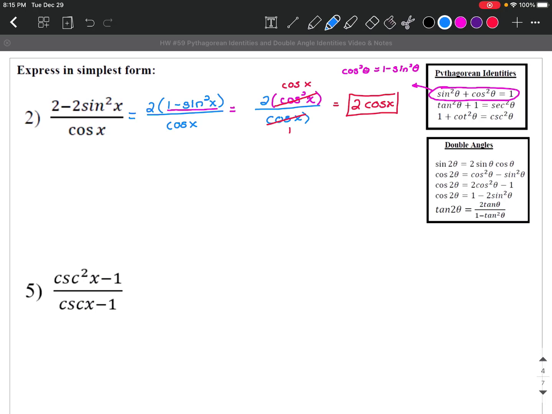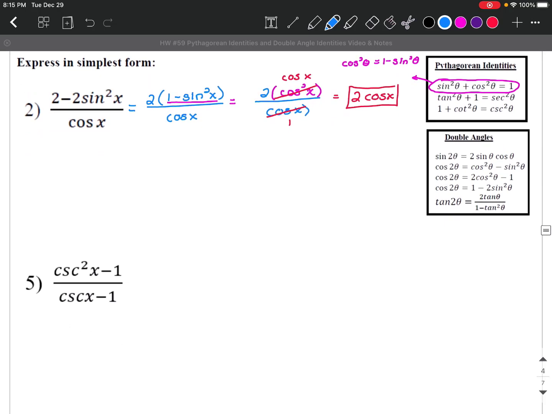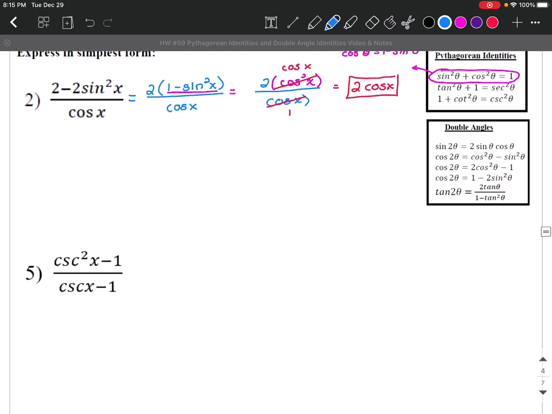The next one, you say, okay, I've got cosecant squared x minus 1 over cosecant x minus 1. Now, do me a favor, don't write yet. Because if you try to use the identity that's got cosecant squared here, right? If I was to subtract the 1 so that I had cosecant squared x minus 1, that would be equal to cotangent squared x.